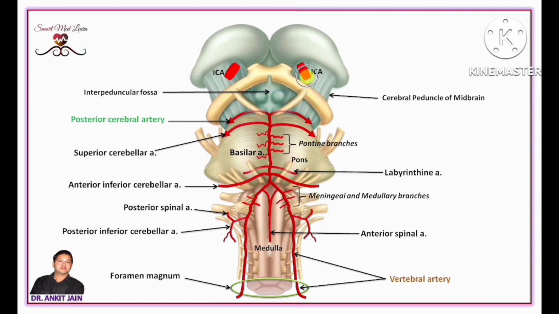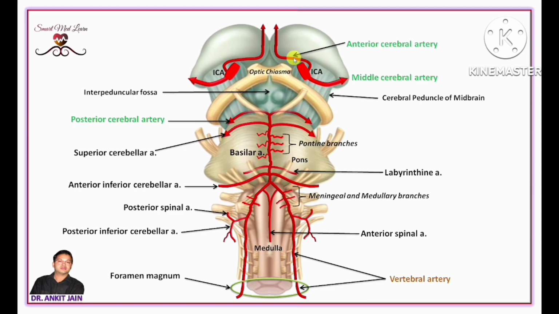The internal carotid artery enters the skull through the carotid canal and, after traversing a short course, it finally comes to lie lateral to the optic chiasma. Here, the internal carotid artery terminates by dividing into a larger middle cerebral artery and a smaller anterior cerebral artery.